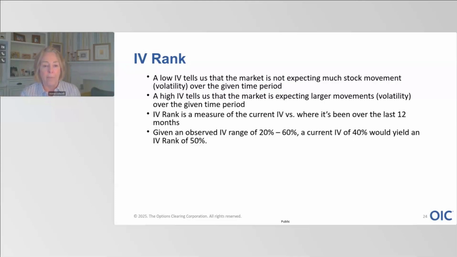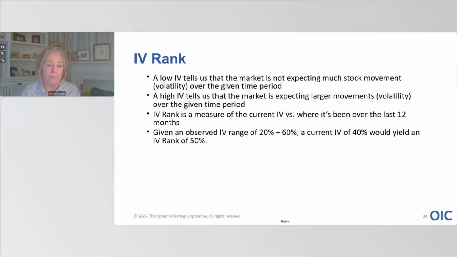So if the range is 20 to 60%, that's your implied volatility range, and it's currently at 40, where is that ranking? Is 40 at that 50% mark, where it's been at 50% of the time? Or is 40 below that 50% mark?